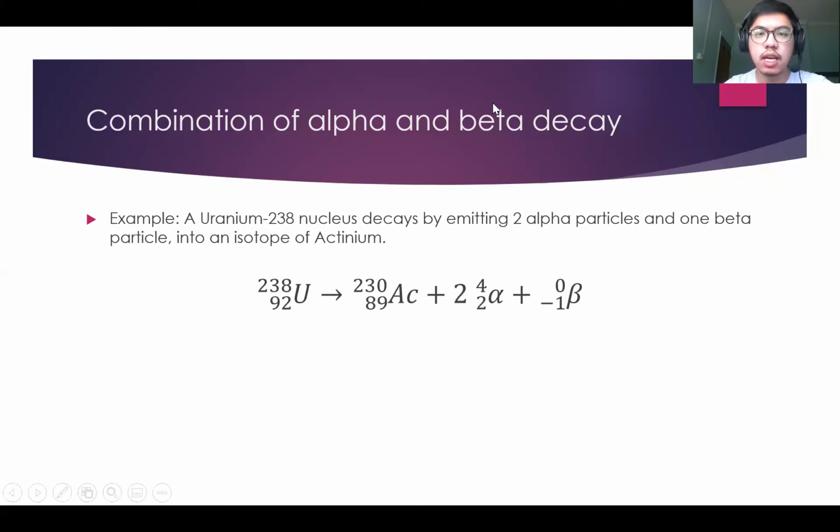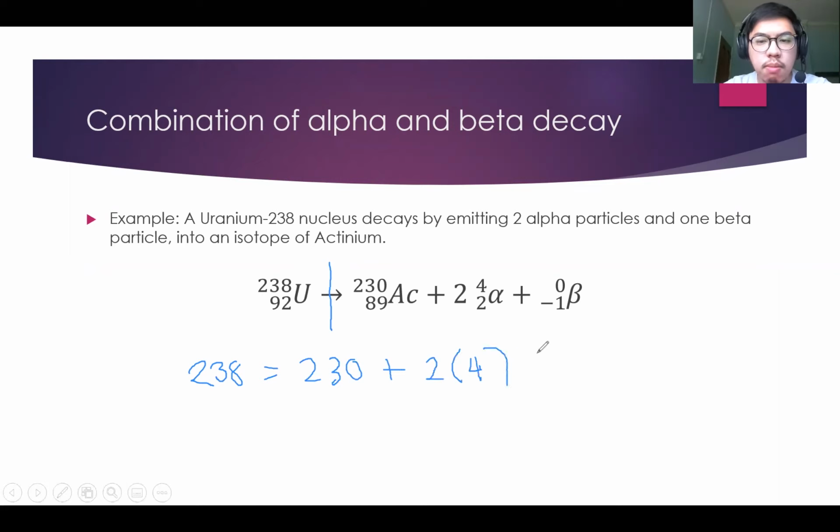If you check out the decay equation for this one, the numbers on the left should be equal to the numbers on the right. So I'll quickly write down what those numbers look like. For the mass number, or nucleon number, this is what it should look like.